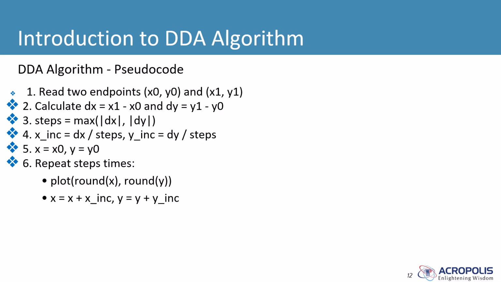The fourth step is calculating the increment of x as well as the increment of y based on the given formula. The fifth step is to initialize x equals x0, y equals y0, and for each repeated step we plot the rounded values of x and y and calculate the next points x and y.